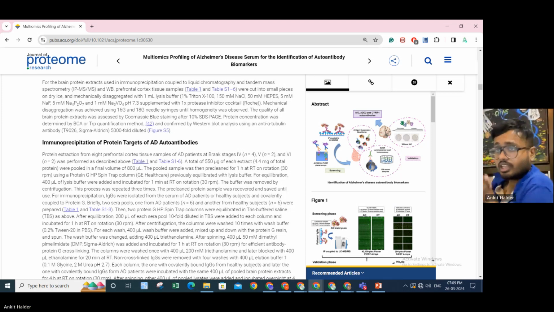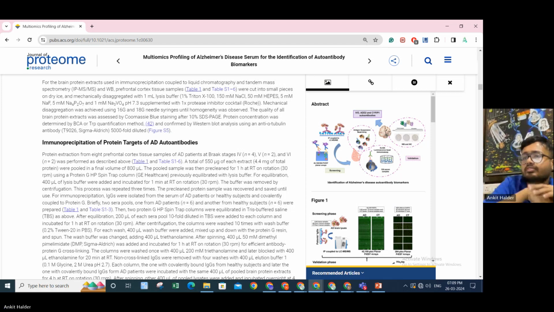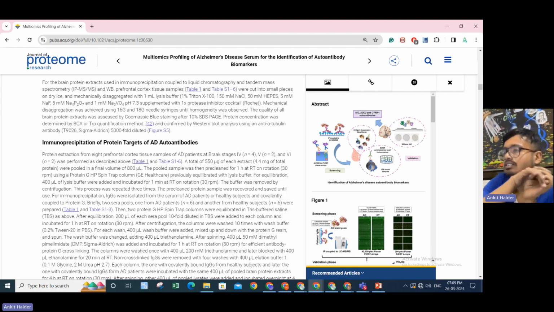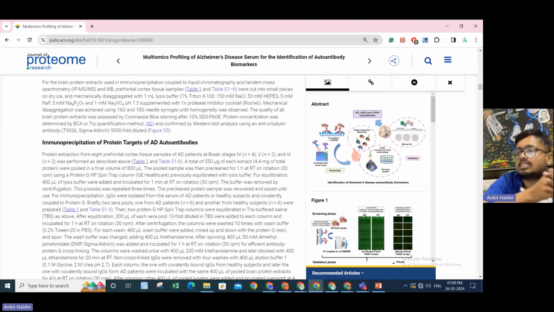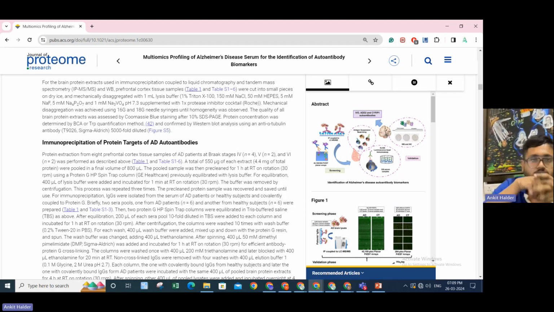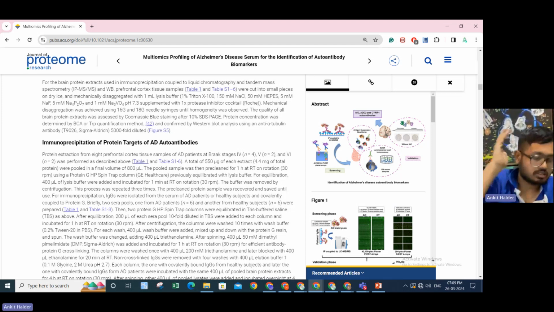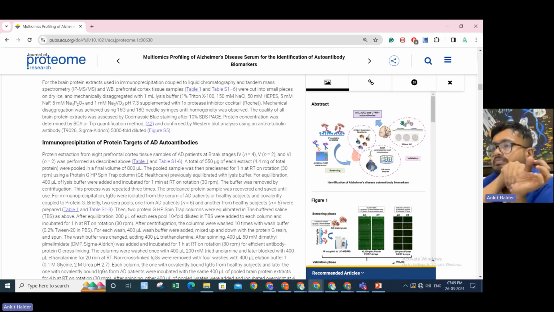Half of the eluted fraction was stained, cut into 3 slices, and destained with 50 millimolar ABC, 50% ACN, dehydrated with ACN, and dried, reduced with DTT, a simple concept of bottom-up proteomics for breaking the proteins to peptides.